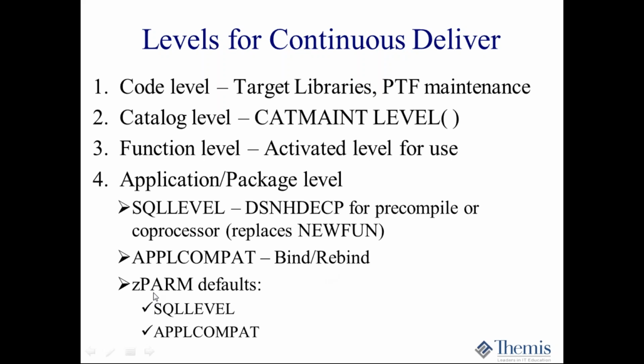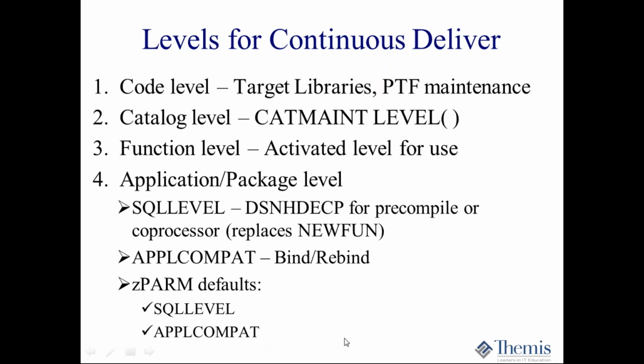And then we have some ZPARM defaults for those binds that don't specify their APPLCOMPAT. So you can set the application compatibility in the ZPARM, and you can also set the default SQL level in the ZPARMs, in your startup parameters.